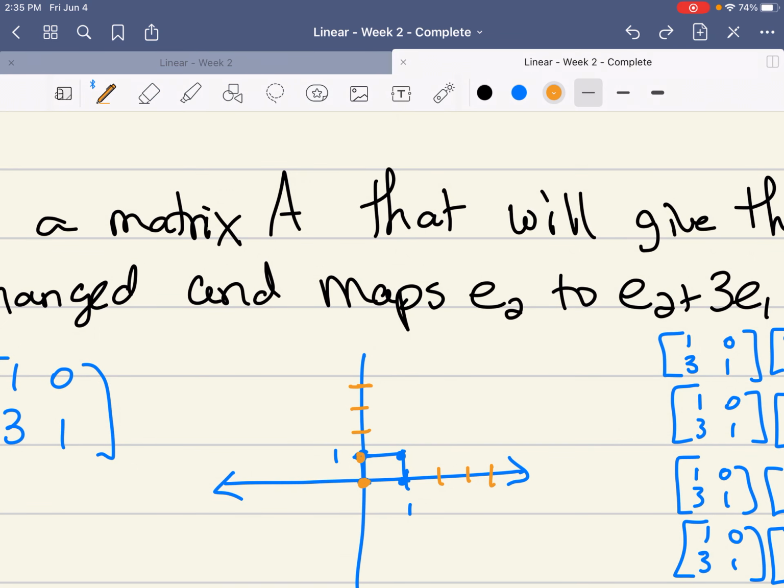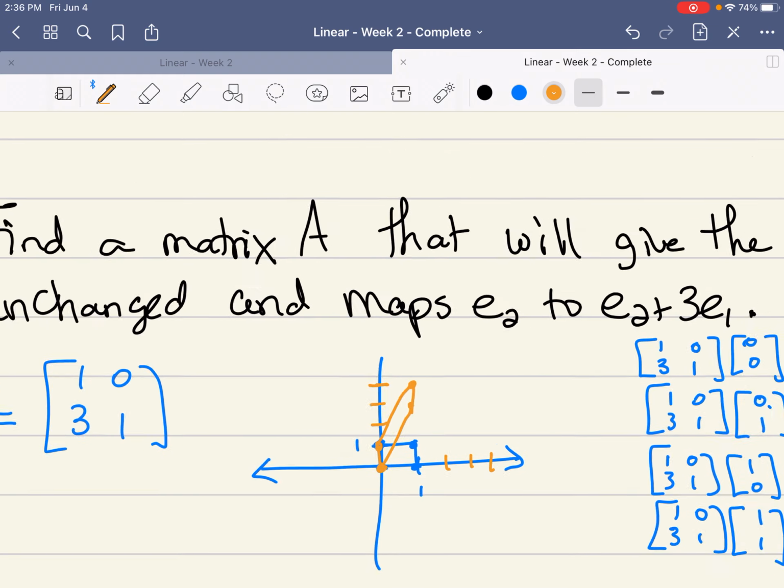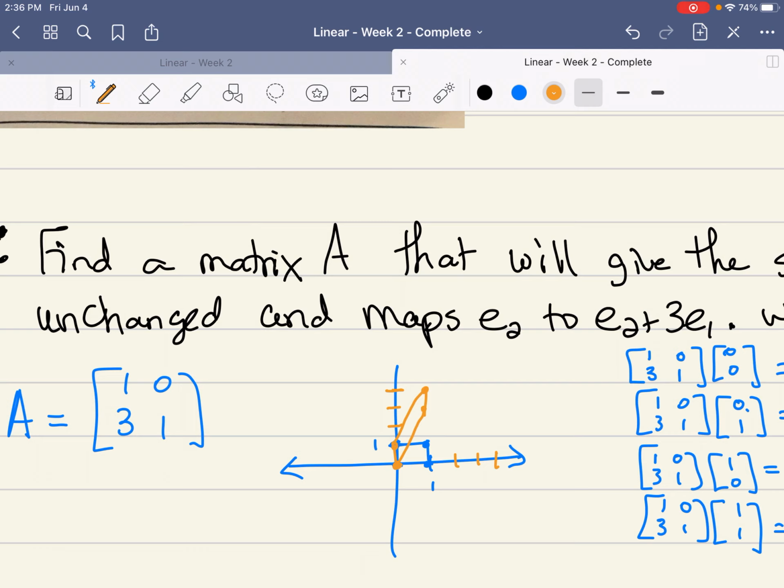So 1, 3 is here and 1, 4 is here. There we go. So this side, again, is still the same. This side's been drug up. That's still length 1. These guys, the lengths have definitely changed. But the sides of these are 1, and these guys are now just a true parallelogram.